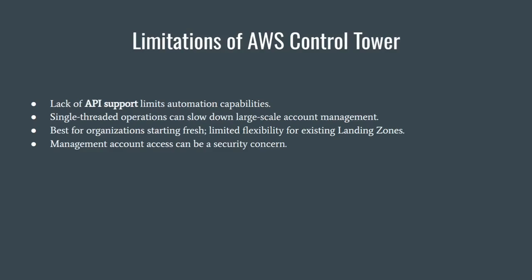But like any service, AWS Control Tower isn't perfect. It lacks API support, which can make automation more challenging, especially for organizations that need to manage large-scale environments. You also need to give some access to the management account, which can pose some security risks.